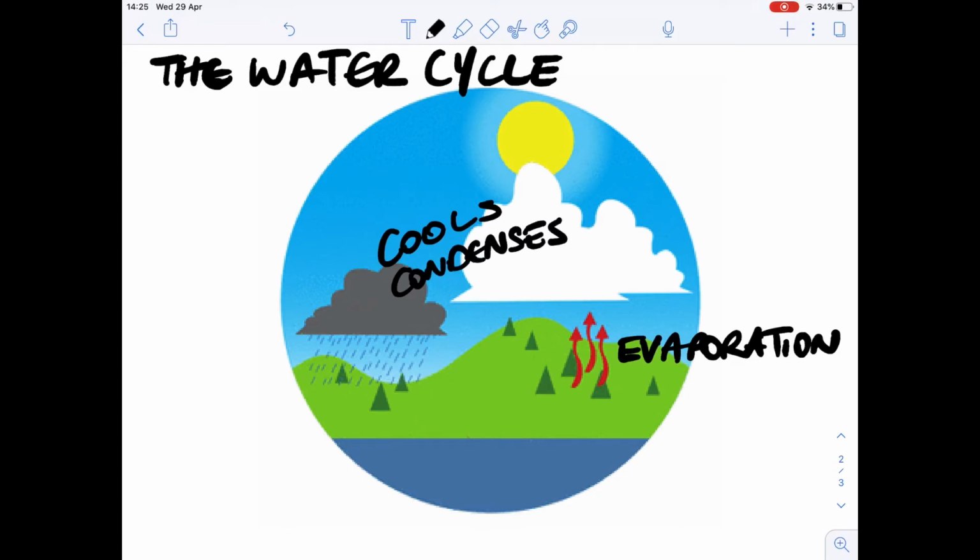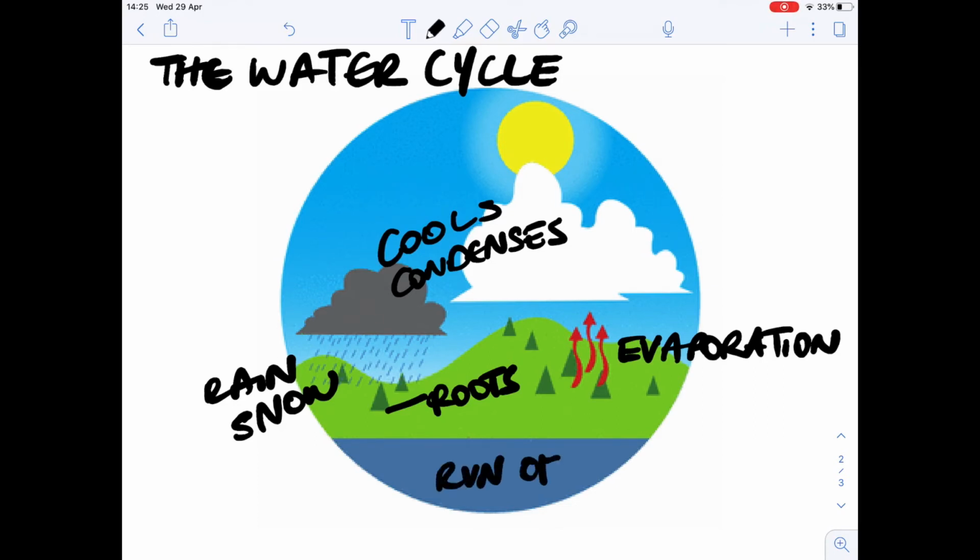This eventually returns to the Earth's surface. The rain or snow will either become surface runoff, water flowing off the land, or will travel through the earth as groundwater. Plants take up water through their roots.